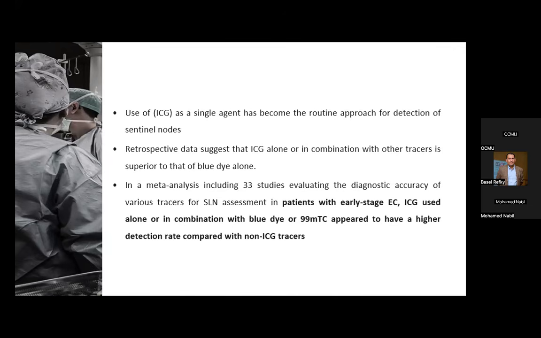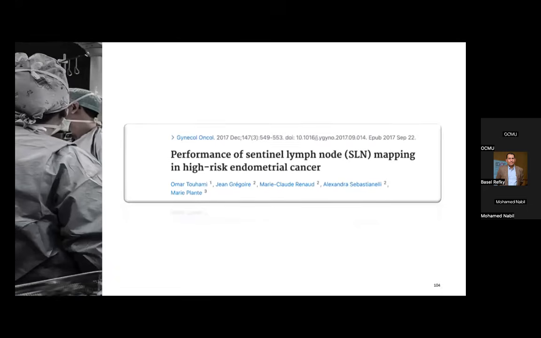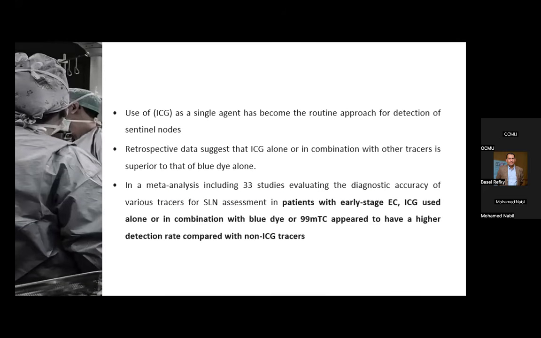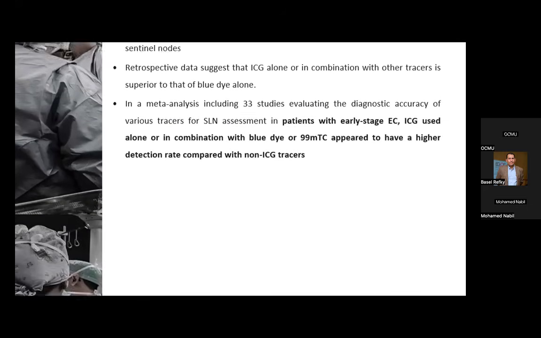In a meta-analysis including 33 studies evaluating the diagnostic accuracy of various tracers of sentinel lymph node assessment in patients with early stage disease, ICG used alone or in combination with blue dye appears to have a higher detection rate compared with the non-ICG tracers. That was mainly in the early stage endometrial cancers and the low risk group.